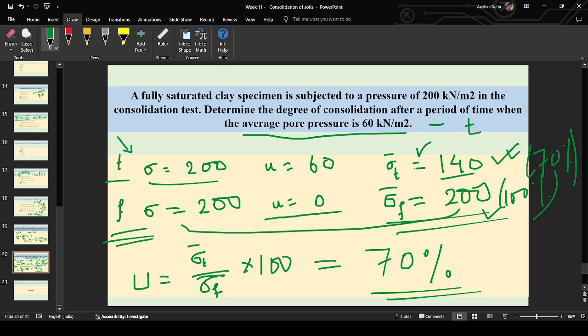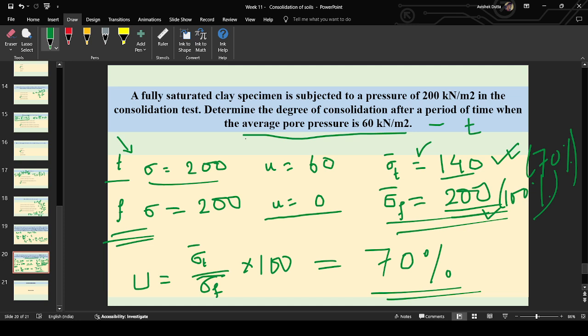But the concept is not dividing this by this. If you had said initially that the effective stress in the final will always be equal to the total stress, I would have accepted that, but I thought you were dividing this by this.